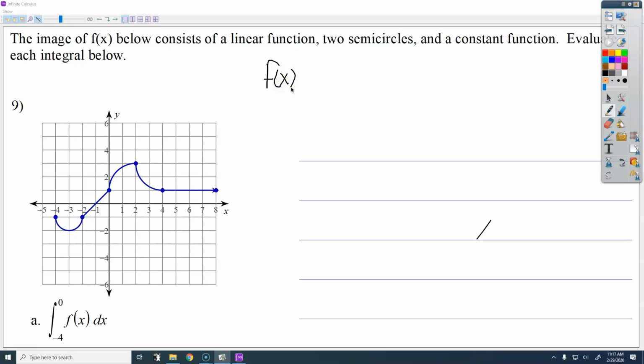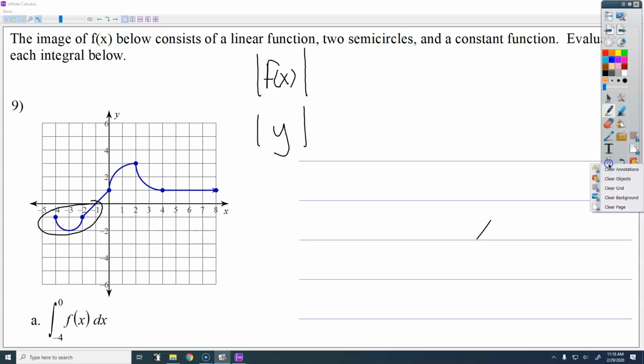Some of you had a hard time with this on your quiz. We're taking the absolute value of f of x. Now f of x is the y value, so it's the same thing as taking the absolute value of the y values. If you take the absolute value of the y values, any y value that's negative will become positive. Well, on this graph, the only y values that are negative are here. So they're all going to become positive.